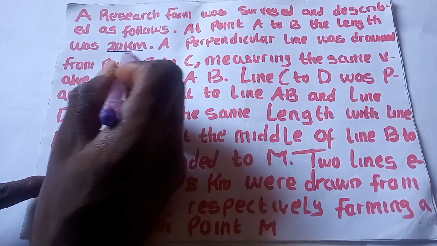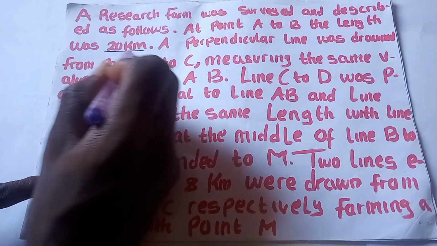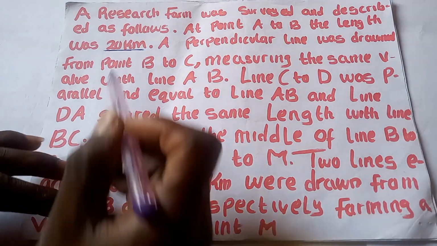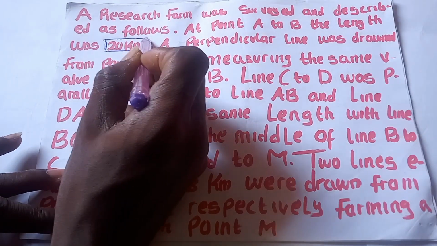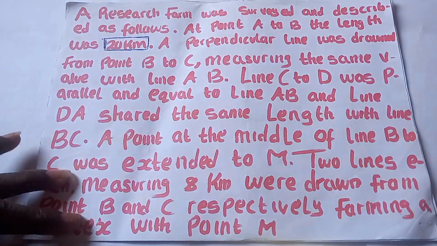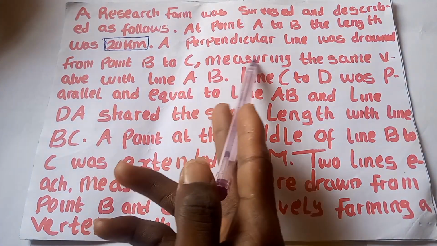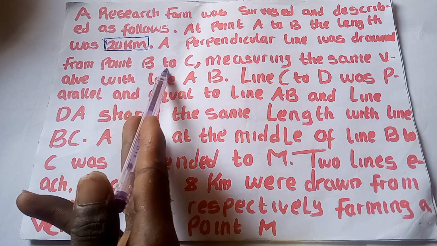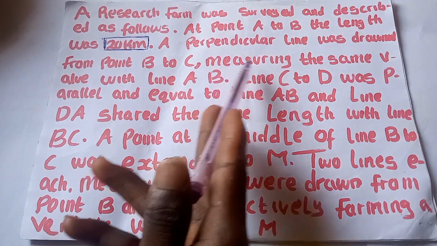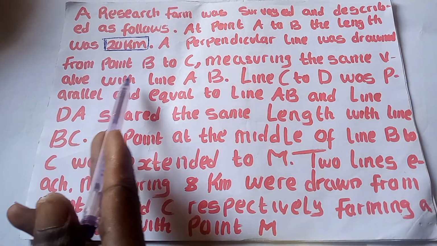The first parameter was the length of A to B, which is 20 kilometers. Let me denote it with this, A to B.